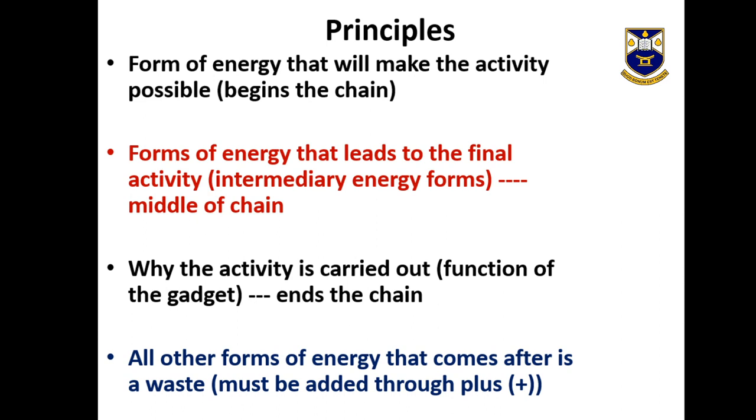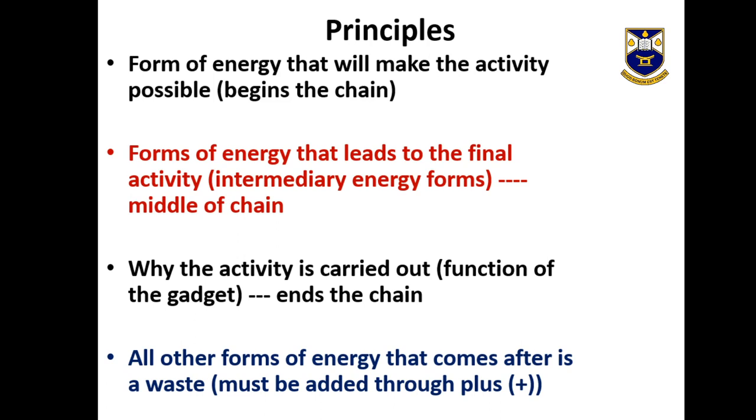The form of energy that leads to the final activity is the intermediary energy form, or middle of the chain. We also have why the activity is carried out, the function of the gadget in that sense, and that ends the chain.